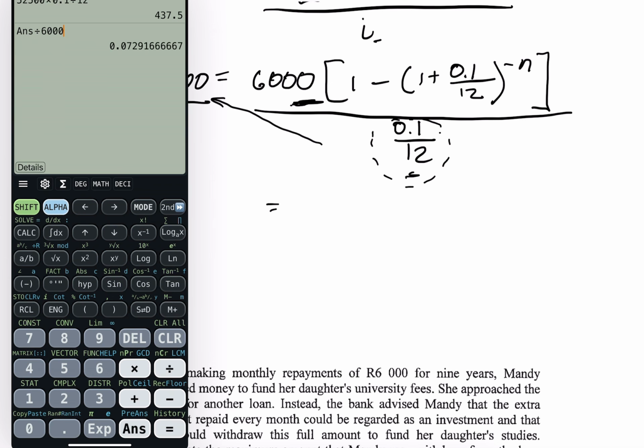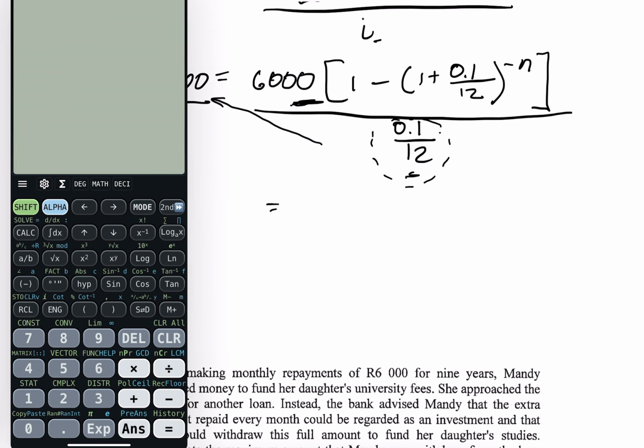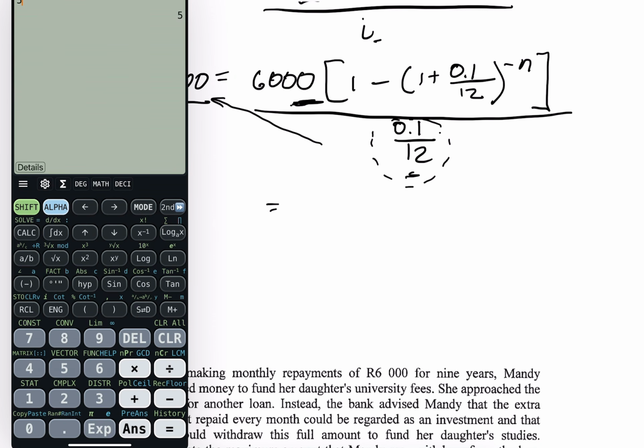Yeah, I see that there's something actually wrong. That's 525,000, sorry about that, multiplied by 0.1 divided by 12. Yeah, there we go. It looks promising now.